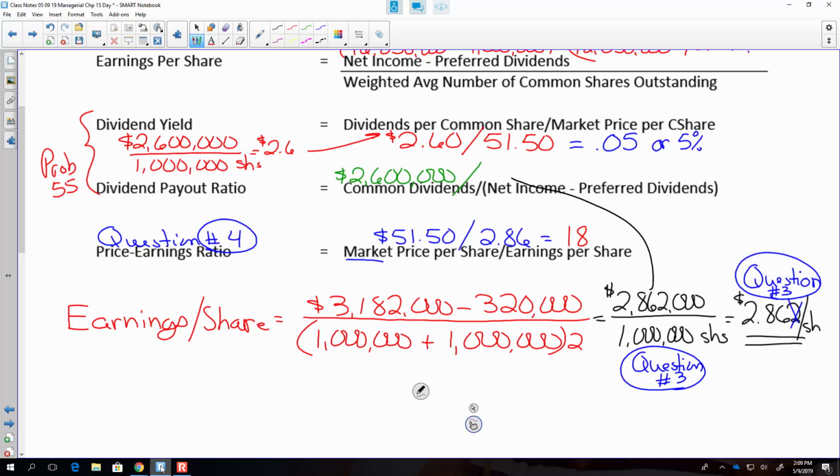Let me just move that up to here. $2,862,000. And Sandy, what is that division? 2,600,000 divided by 2,862,000. Seems like a very high payout. Extremely high.